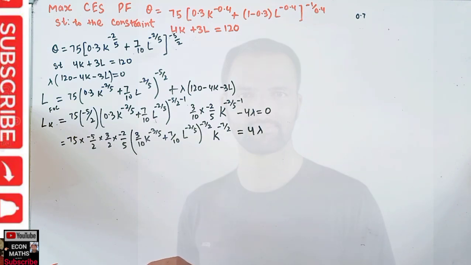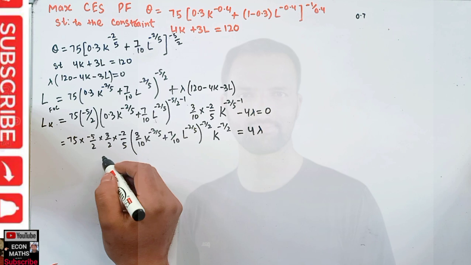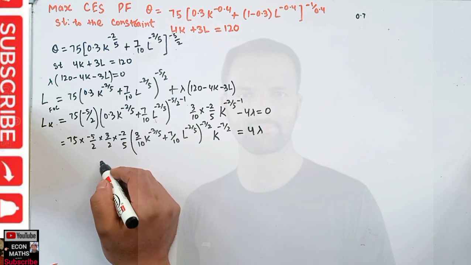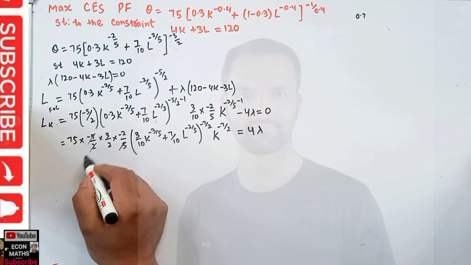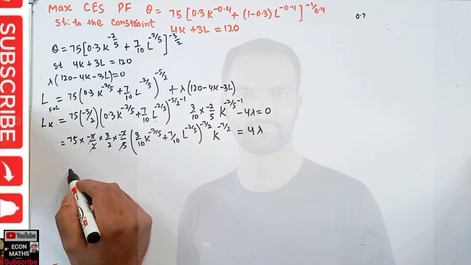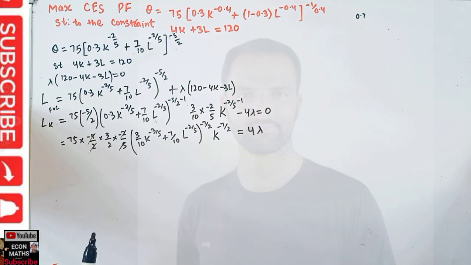Now what can we do? Here this 5 and 5 will get cancelled, 2 and 2 will get cancelled, so what are we left with here? Am I doing the right calculation here?